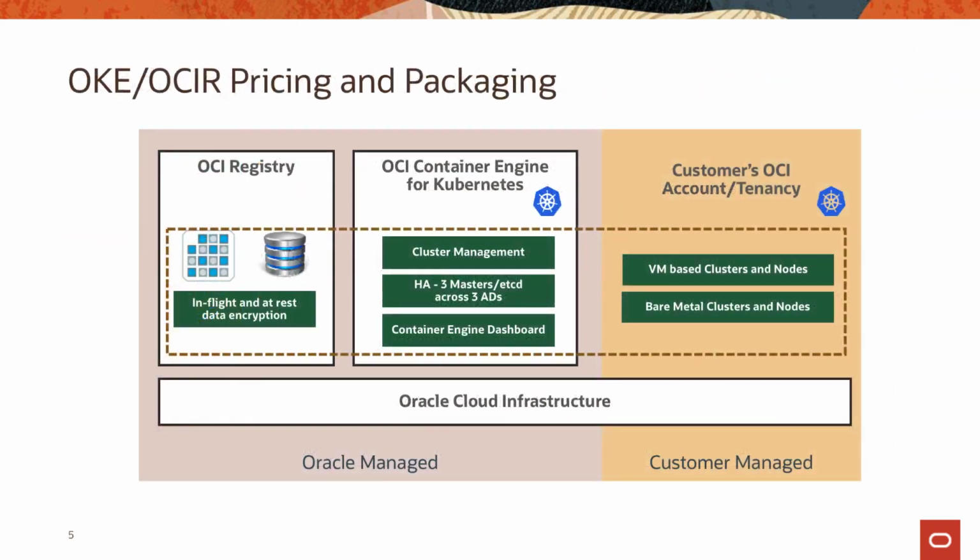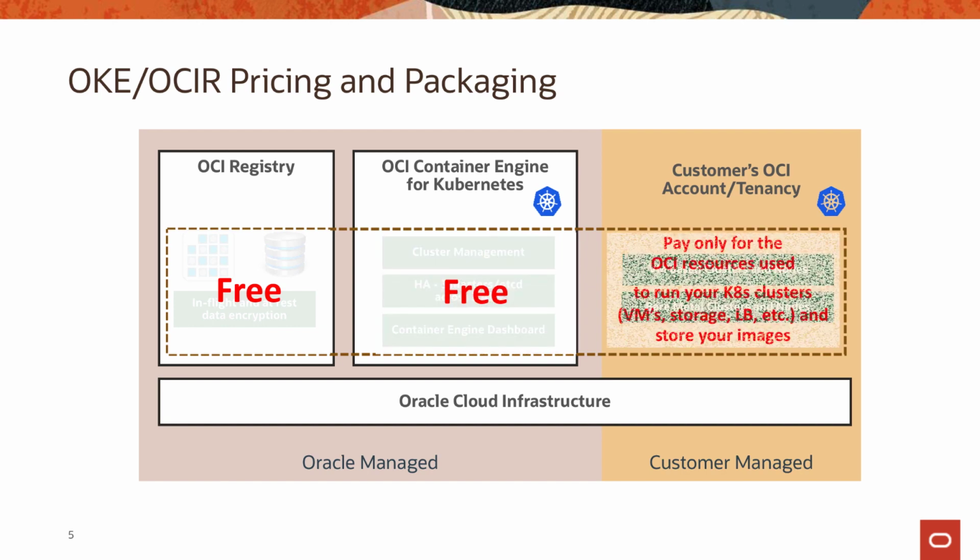From a pricing perspective, it's a very basic and simple pricing structure. All of the managed services that you have are completely free, and you're only paying for the OCI resources that you're using underneath. So for instance, if you have your applications deployed on Kubernetes engine and your Dockerized images are in OCI registry service, from a management perspective, all of the managed services part of that service are completely free, and you're only paying for the resources which you're using on OCI.